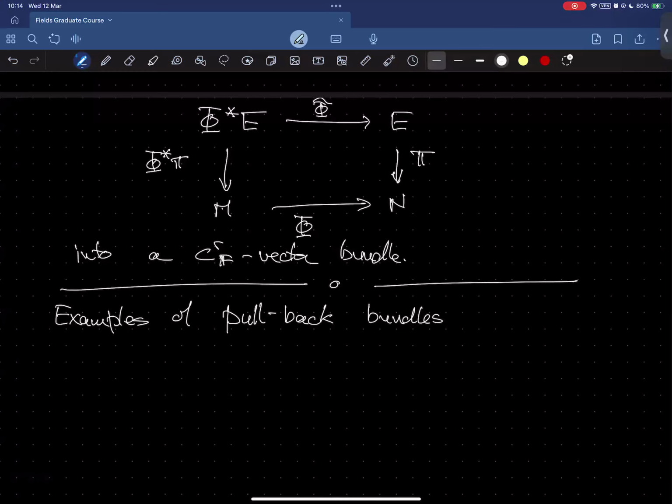Okay, so we have the setup that we had for direct sums. And in fact, we're going to build three different pullback bundles, which are all the same thing as the direct sum.